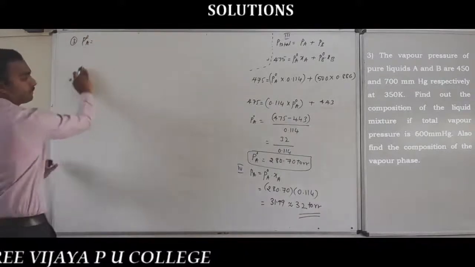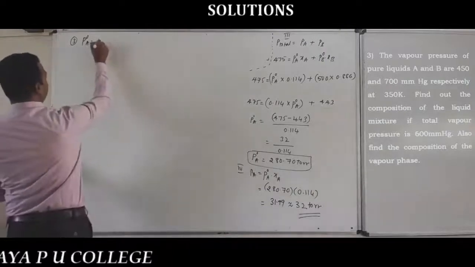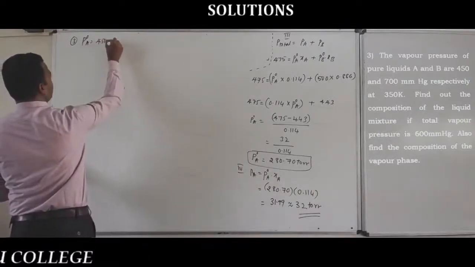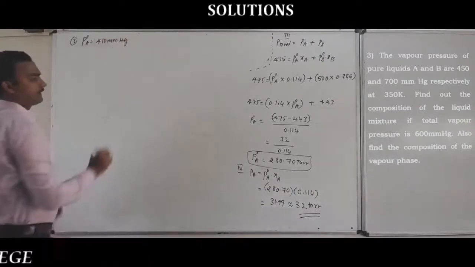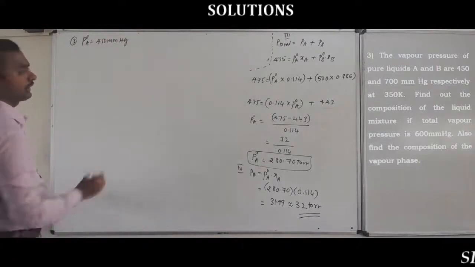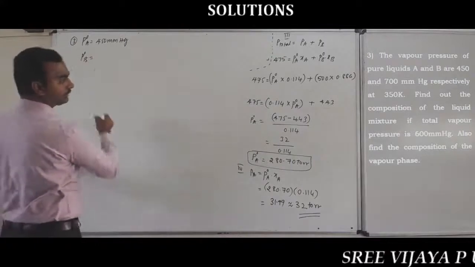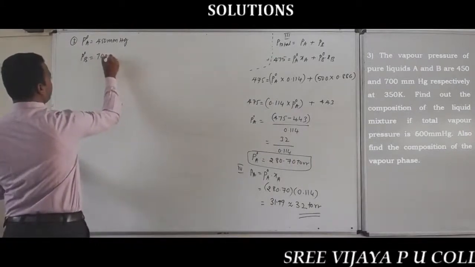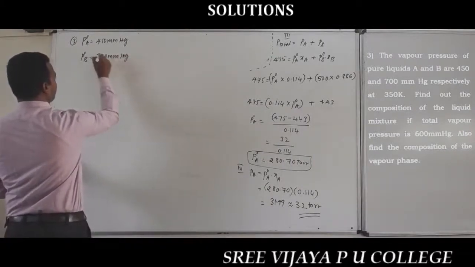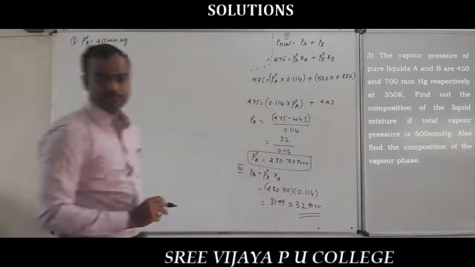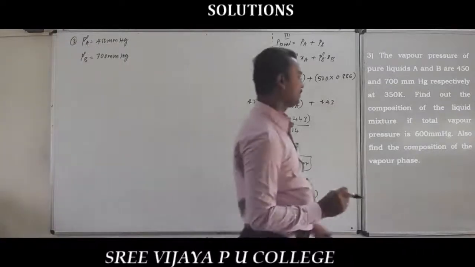P0 A is equal to what? That is 450 mm mercury. That is the unit of pressure again. So again P0 B. P0 B is equal to how much? That is 700 mm mercury. That is the P0 A and P0 B, vapor pressure of pure liquid component A and component B.